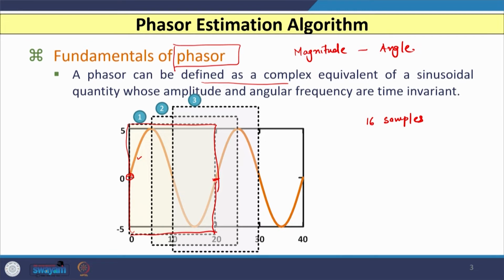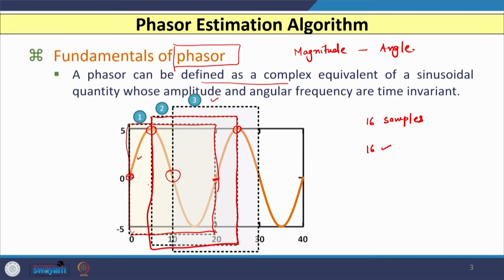Similarly, for the second window, you can see we have started with pi by 2 and end with another pi by 2. In this second window also the number of samples remains 16 only, and now if you calculate the phasor, that is amplitude and angle, then that also remains constant. The same is the case when you acquire the samples in the third window, which we start with pi.